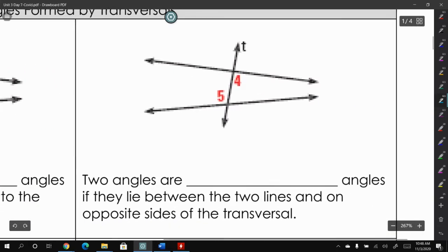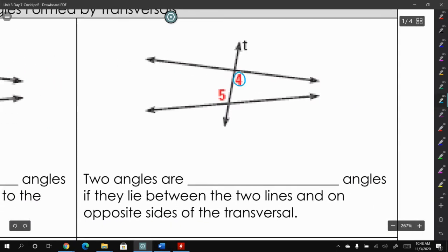Now here, we have angle 4 and angle 5. They're inside or in between our two lines, and they are on opposite sides of the transversal. Angle 5 over here is on the left side of the transversal. Angle 4 is on the right side of the transversal.